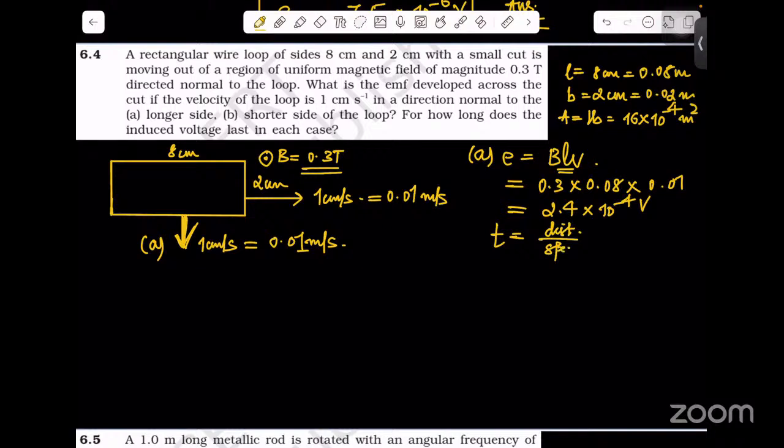So if it's traveling downwards, then the distance traveled is the breadth, which is 2 centimeters, at the speed of 1 centimeter per second. So it will be just 2 seconds. So the induced EMF will last for 2 seconds in the first case.